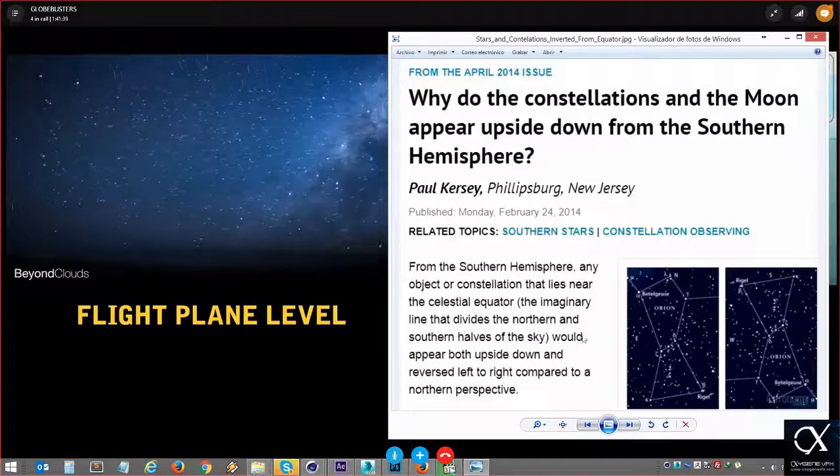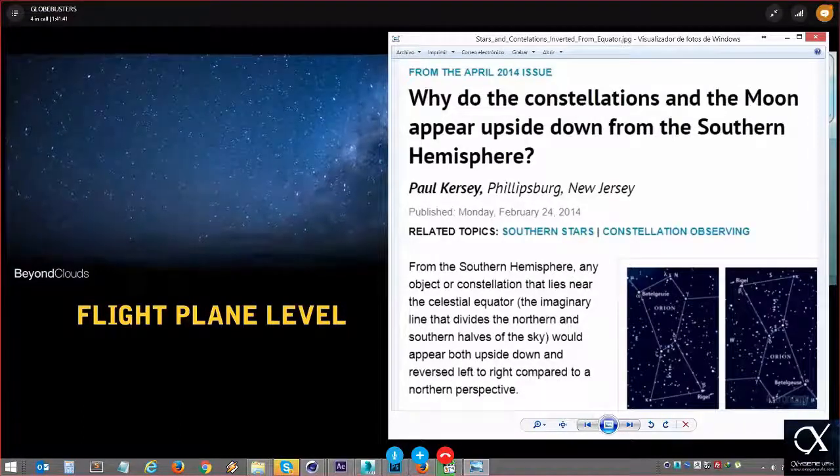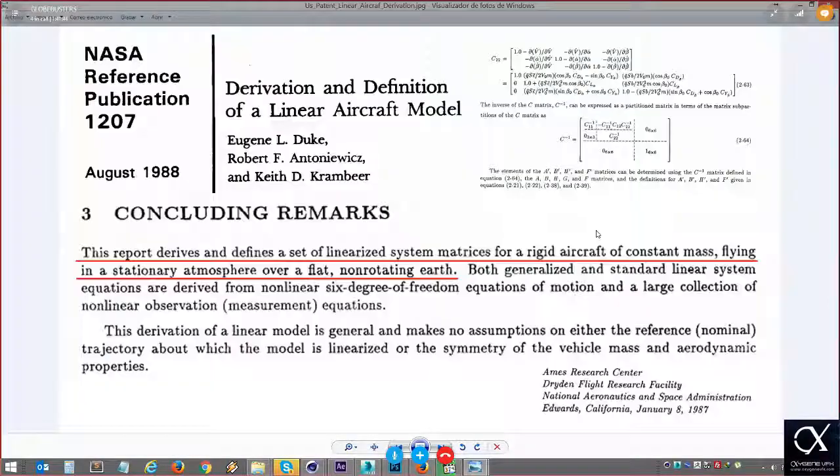So having this in mind, and also everybody knows the US patent about the linear aircraft model that talks about a non-rotating Earth and stationary atmosphere over a flat non-rotating Earth.